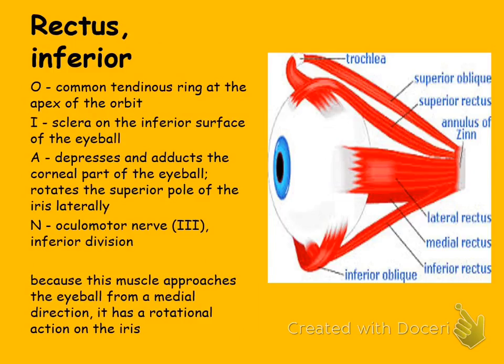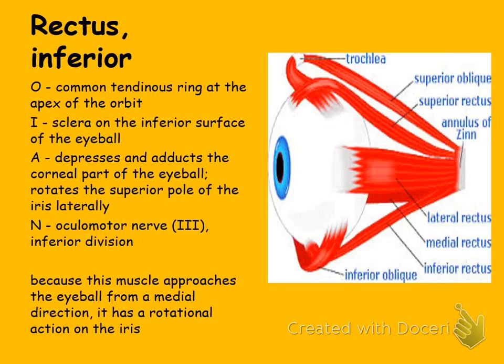Now, the next ones are the eye muscles. We're going to go over these very lightly because we're also going to find these in the chapter for the special senses. So we have the rectus inferior, which brings your eye downward. It originates on a common tendon in the back and inserts on the sclera of the eye.